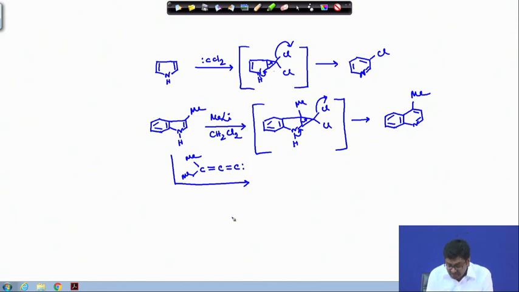This will give this type of allyl type of carbene, and once we treat this allyl type of carbene with the 3-substituted indole, then immediately this will form like the previous way.